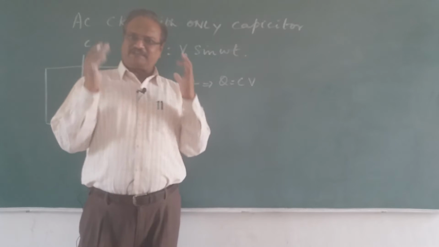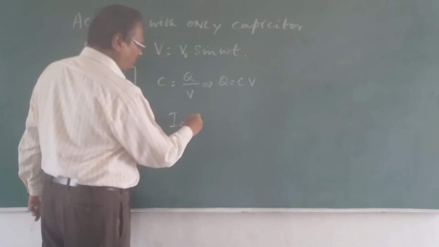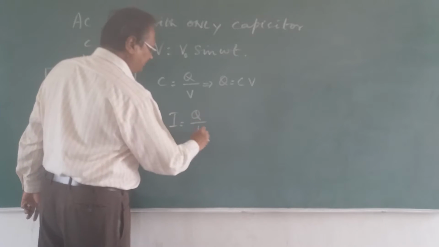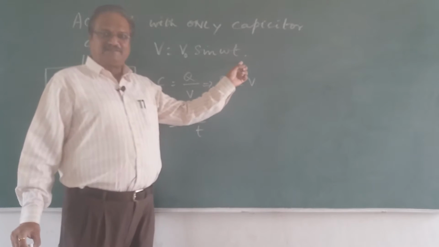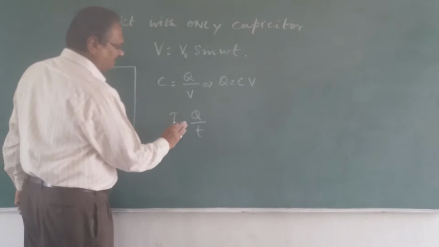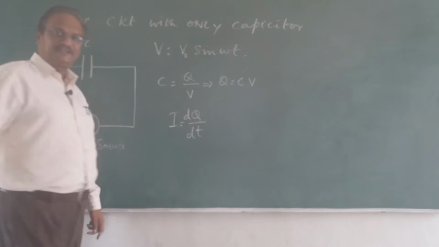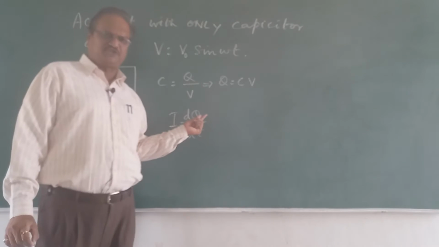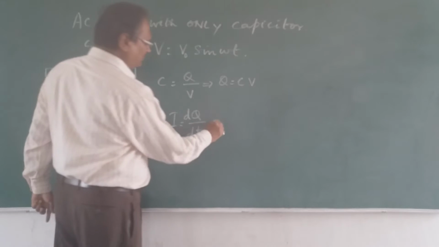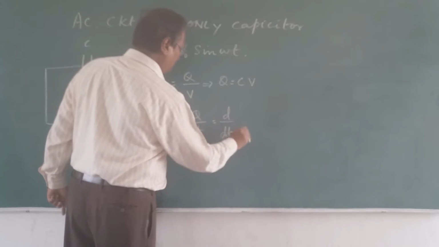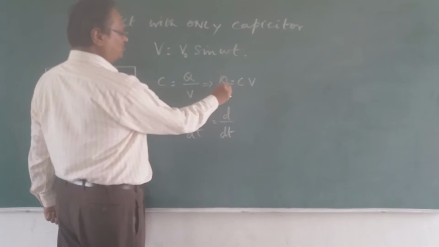Now what is the relation between current and charge? We can say current is equal to charge upon time, that is Q upon t, but in differential form, because it is changing with respect to time, I can write it as dQ upon dt, a small change of charge with respect to a small time, which is equal to d by dt of Q. What is Q here?